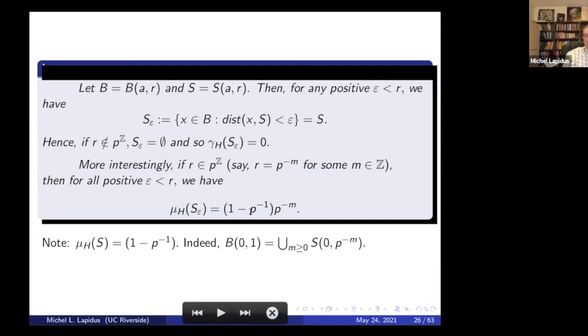If the radius is not in p to the Z, then the sphere is empty, and therefore the volume is 0. But if the radius of the sphere is in p to the Z, then the Haar measure of that sphere is given by that quantity here.